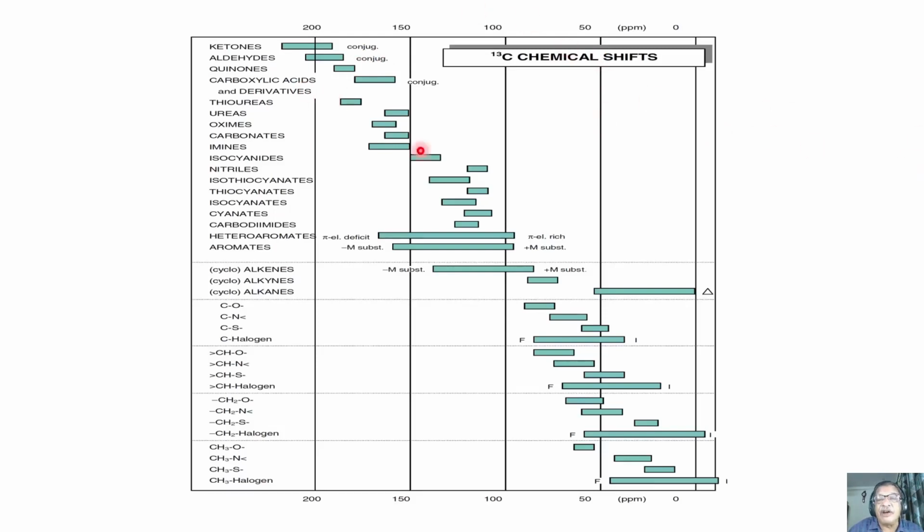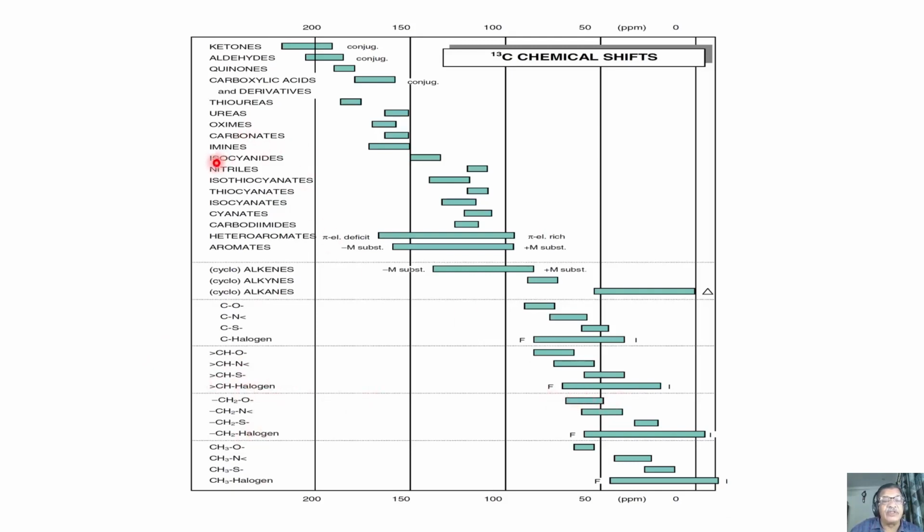For example, for carbon-13, the chemical shift varies from 0 to 300 ppm. It can go even beyond. The carbon of a CH3 attached to halogen may come somewhere here. If I look for the CO group, it may be somewhere here. CH2 attached to oxygen comes somewhere here.